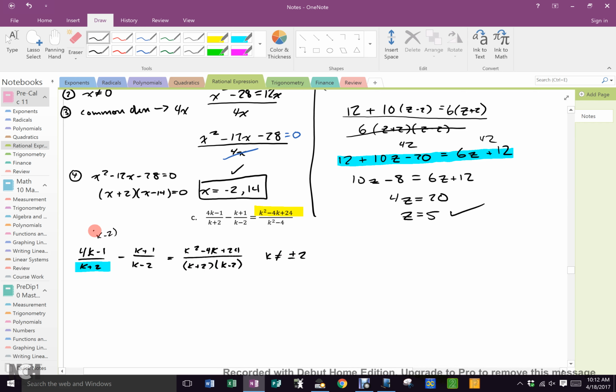K minus 2. What do I have there? So what does this guy need? K plus 2. And this guy already has everything. So does he change? No. So what do I get? Once I have done this, do I care about my denominators? No. They're gone.